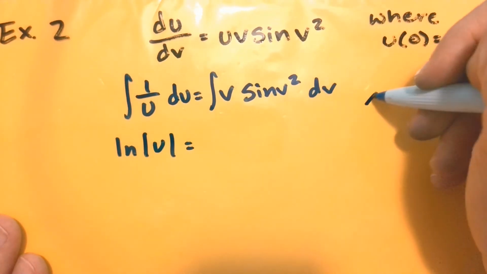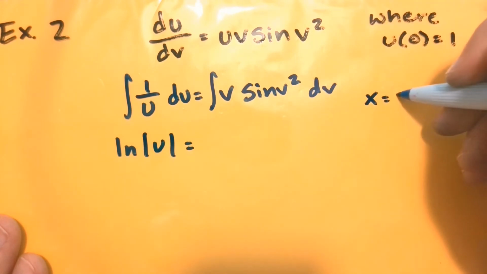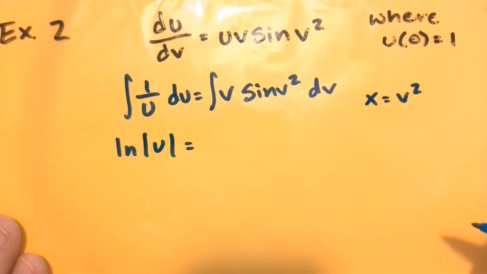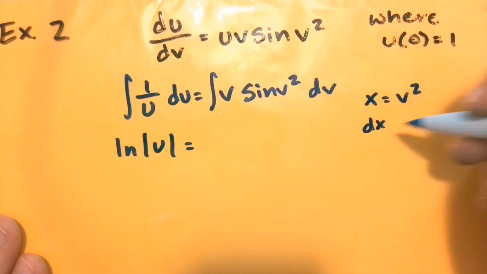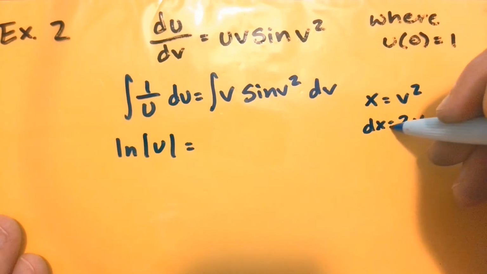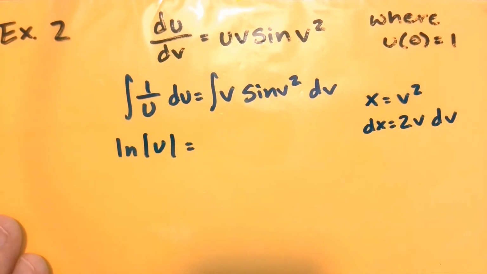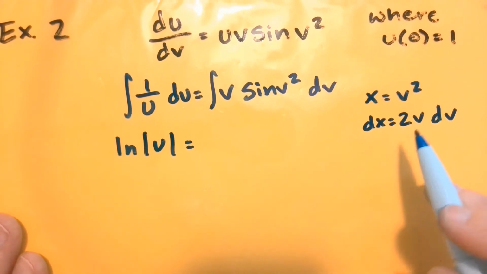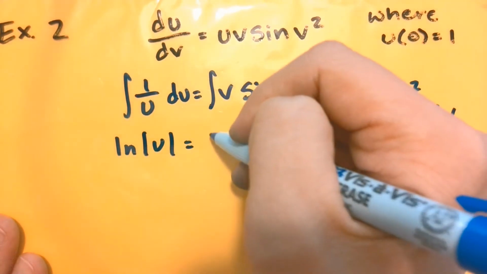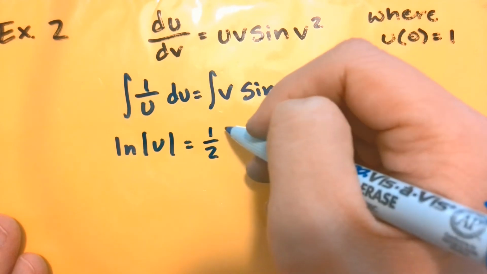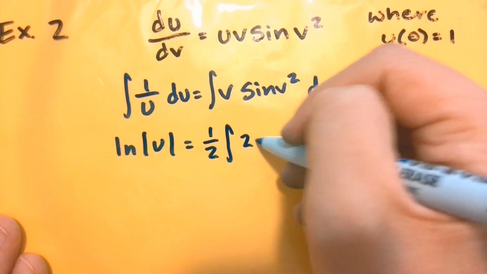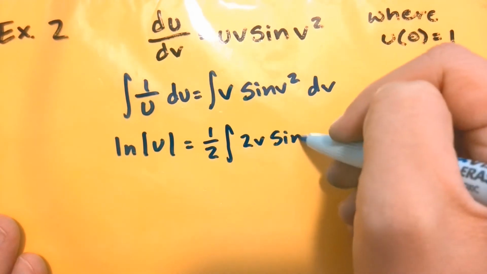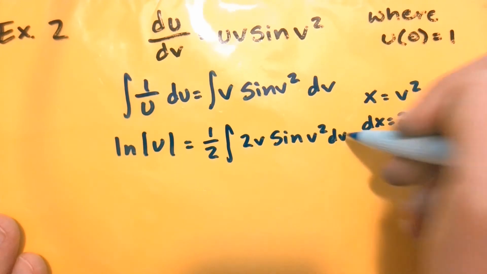So if you want to use x, you can. So if we want to make x equal v squared, that would make our dx 2v dv. So I'm missing the 2 that I need, so I'll need to multiply by 1/2 and 2 over 2 so that I have the 2v and v squared in there.